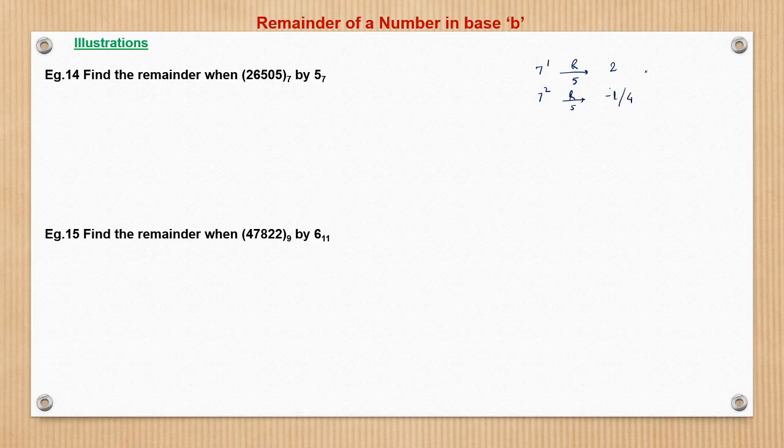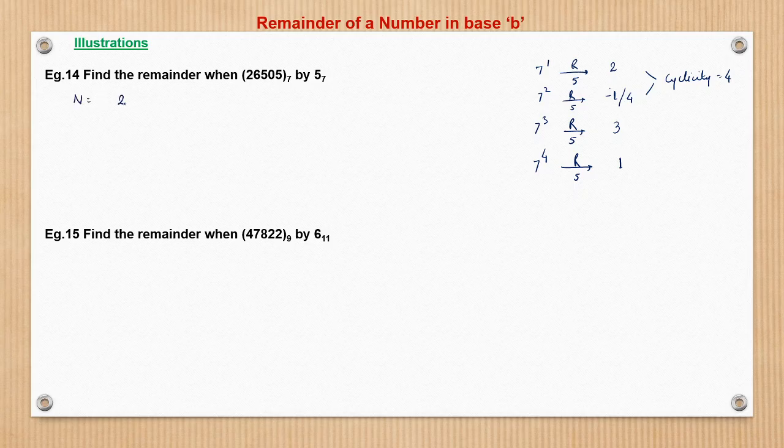So from here we can say the cyclicity is 4, since in the second power we are getting minus 1, so the fourth power we will be getting plus 1. 7 raised to power 3 divided by 5, the remainder would be again minus 1 into 2, minus 2, which is nothing but 3, and 7 raised to power 4 divided by 5, the remainder would be 1. So from these things we make use of.